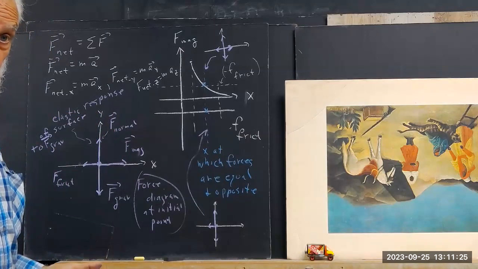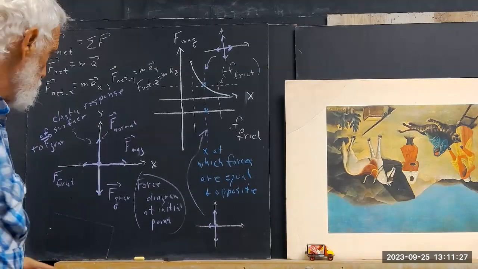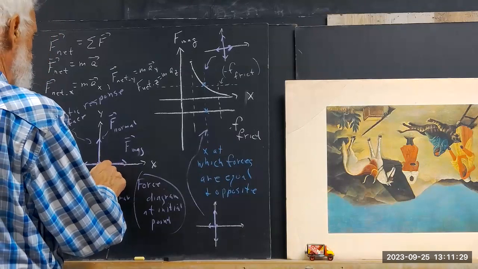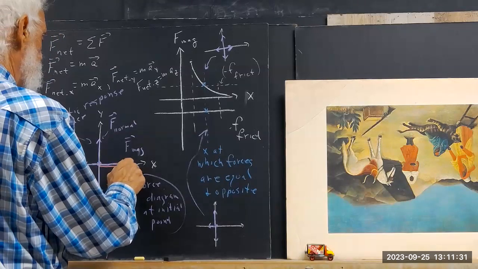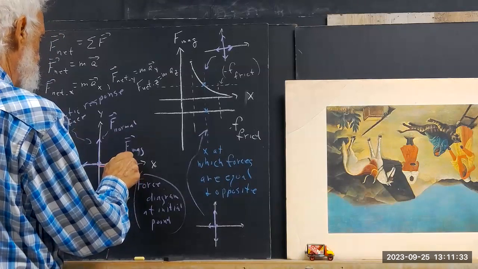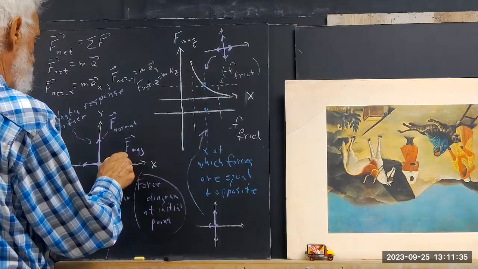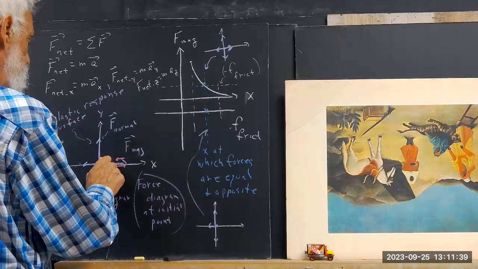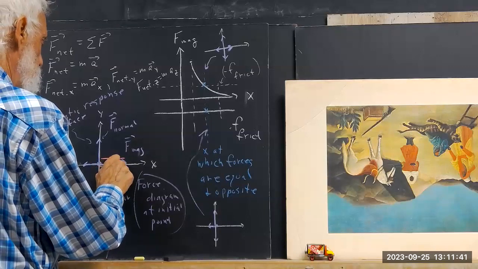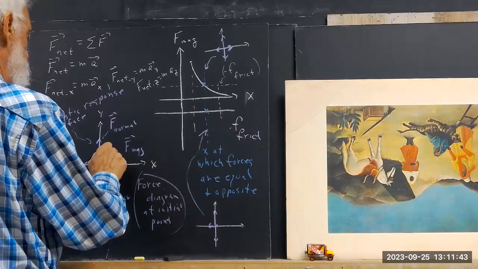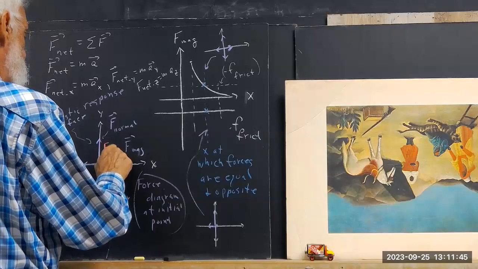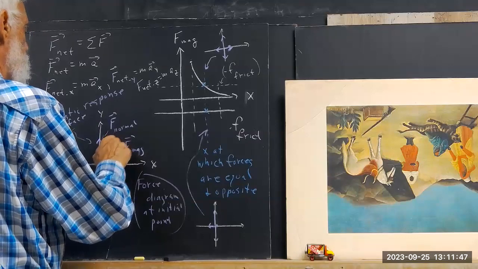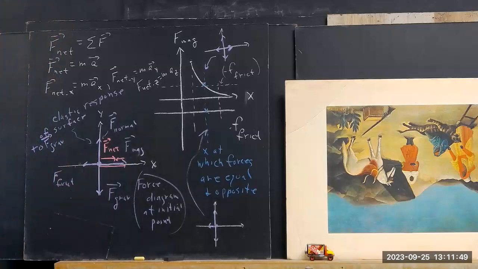I add them head to tail, right? So adding head to tail, I have this vector and then this vector gives me the vector that represents my net force.